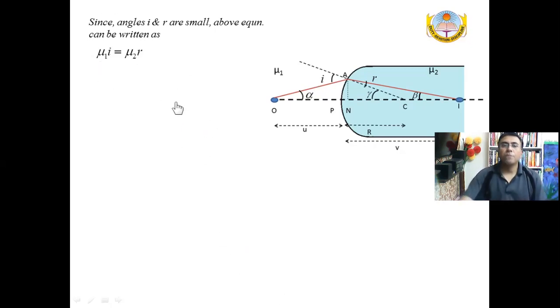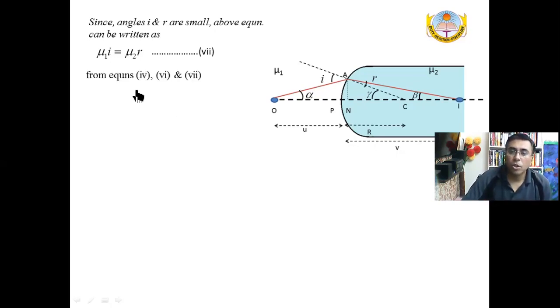Now, from equation 4, we have written the relation of I: I was AN upon PO plus AN upon PC. And in equation number 6, we have written R in terms of gamma and beta. That is, R was tan gamma minus tan beta, and tan gamma was AN upon PC, and tan beta was AN upon PI.